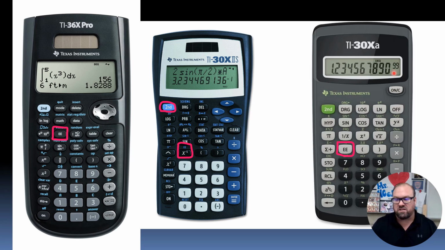It doesn't squeeze in pixels for times 10. The Texas Instrument will, and then the TI-36 Pro does a capital E to stand for times 10 to the power of. So the way that they display their exponents is something we'll also practice in class. But these are all nice models. Texas Instrument makes a good machine, affordable and functional for this class.